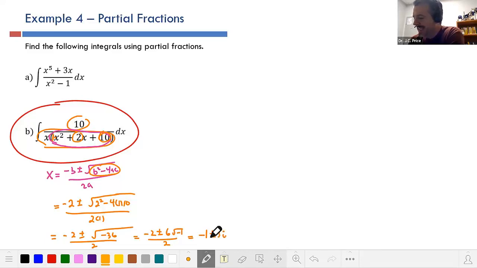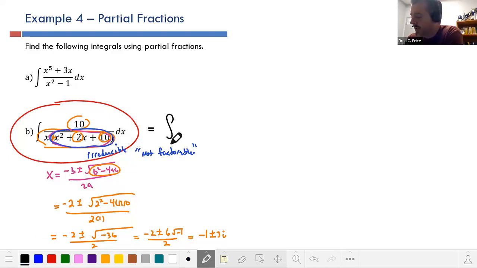So very clearly, it does not have real roots, which means this quadratic right here is irreducible. Irreducible just means it cannot be factored. I guess we can say not factorable if you want. I don't even know if that's a word, but you can say not factorable, or cannot be factored.